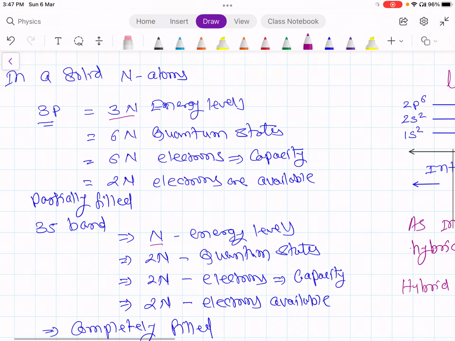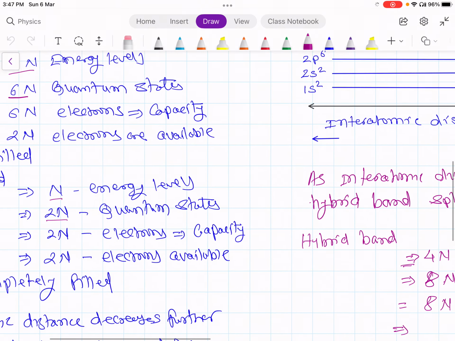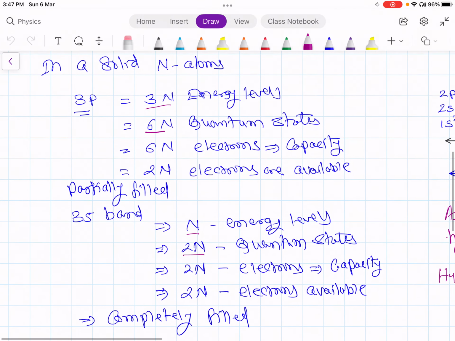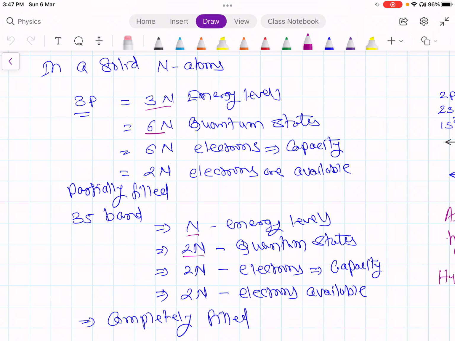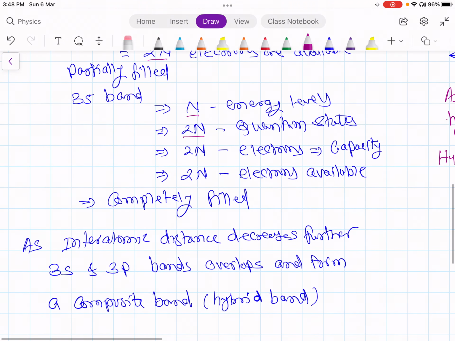Then in 3p there are 6n quantum states, and in 3s there are 2n quantum states. So 6n plus 2n, 8n quantum states, and its capacity is 8n electrons. But the available electrons in 3p are 2n, and the available electrons in the 3s band are 2n.